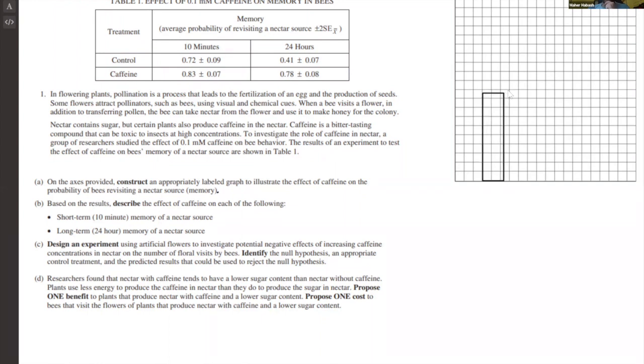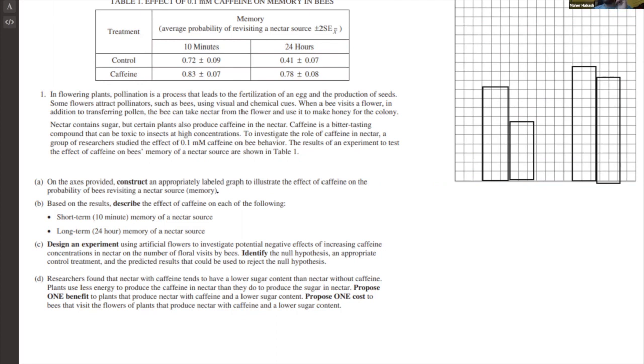We could say this is somewhere 72. And then that's 10 minutes. And then we could say this is 24 hours. Caffeine, 83. And then 78. Something that looks like that would be fine.